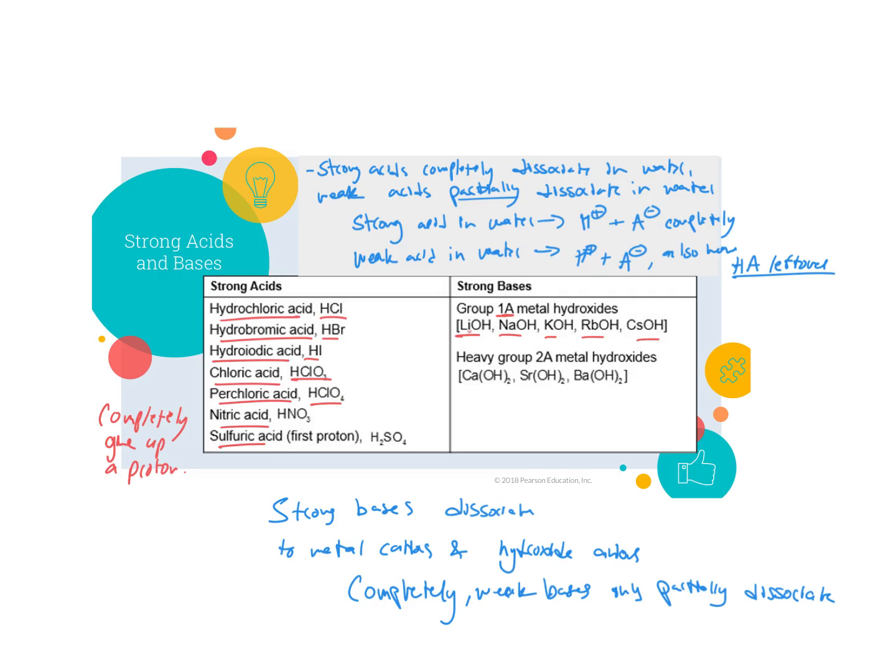These completely dissociate to give M+ and OH-. And then we have the heavier group 2A metal hydroxides like calcium, strontium, and barium. These also completely dissociate. If it is any acid or base that is not on this list, it will not completely dissociate, so you need to remember this list. Otherwise, you won't know if it's completely dissociating or not.